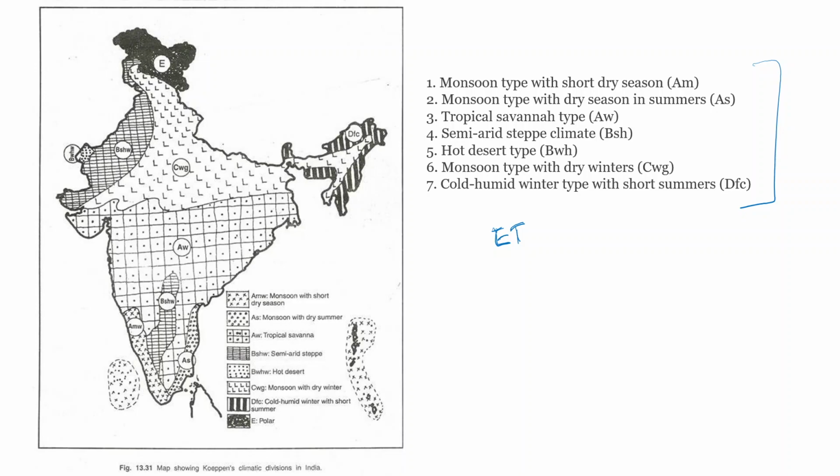And so you can see over here that the tropical type with the dry winters is mostly the central India, while the northern Indian pattern of climate is CW, and then the highlands, the higher mountainous terrains, have DFC or E. Here we have the western coast, which gives us the monsoon type of climate, which is AM.